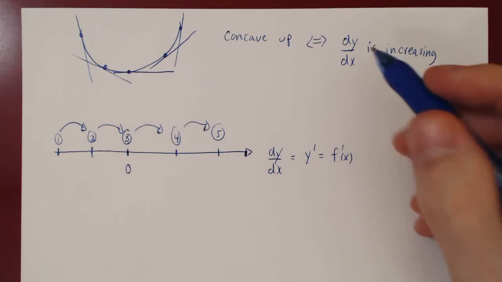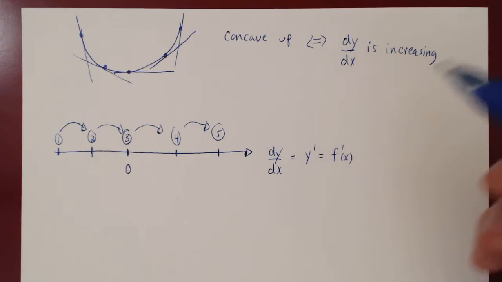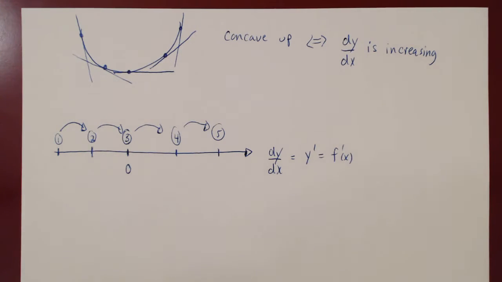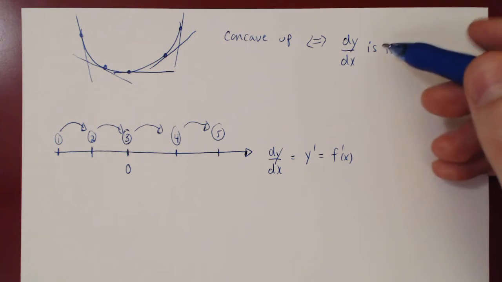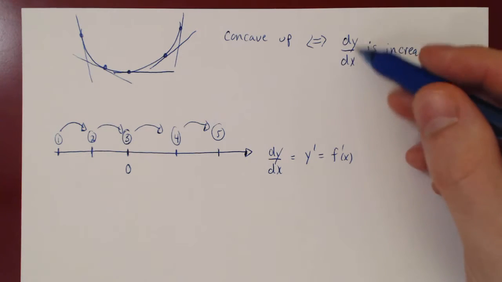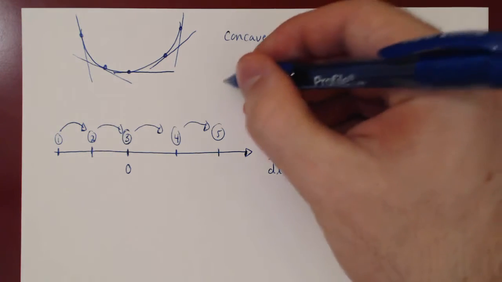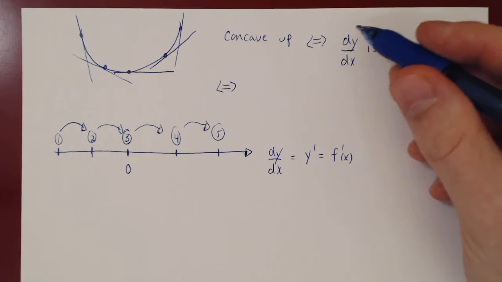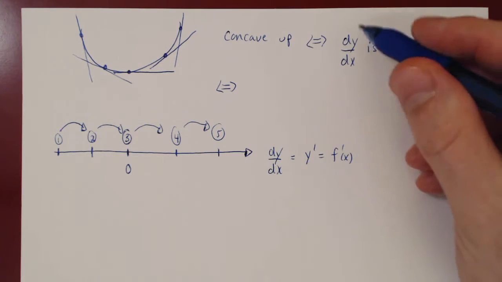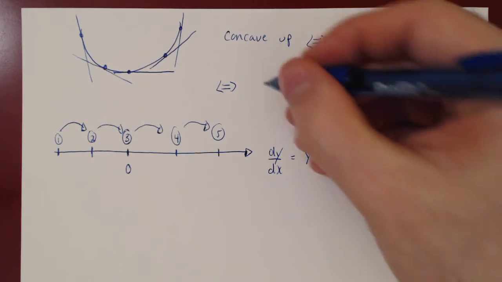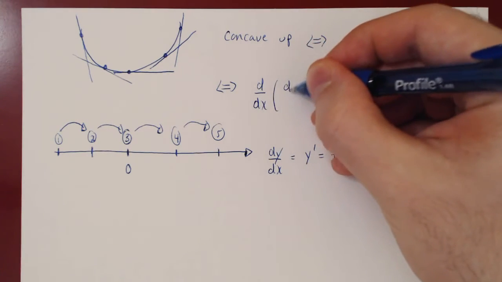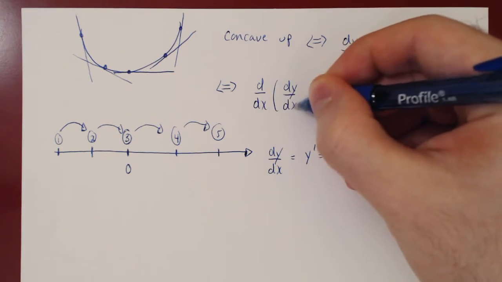But now think of it. dy over dx is itself a function of x. If a function is increasing, its rate of change is positive, it's getting bigger, therefore the derivative of this function must be positive. A function can only be increasing if its derivative is positive, so the derivative of the derivative must be positive.